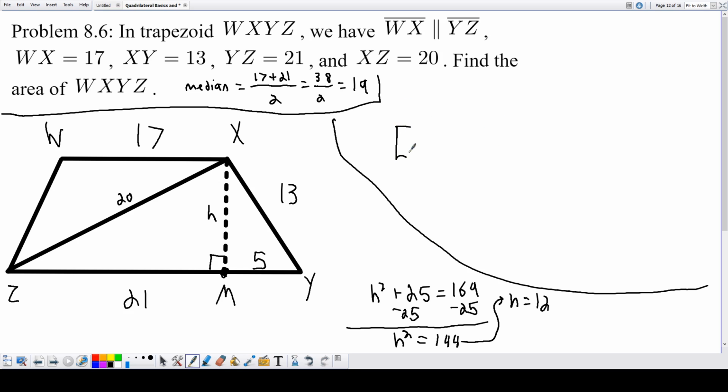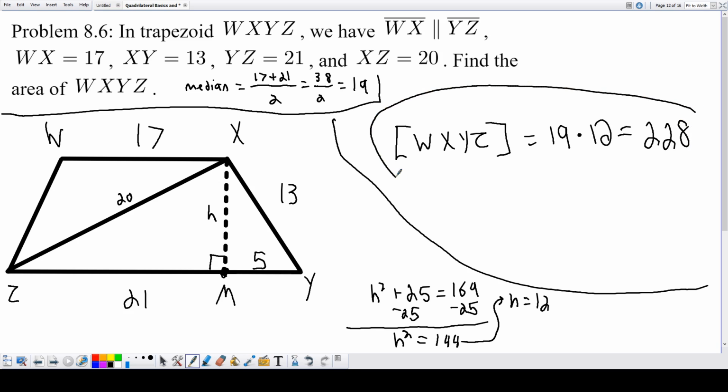So W, X, Y, Z, we know that the length of the median is 19. We multiply by 12. And 19 times 12 is 228. So again, we're just taking these trapezoids and breaking them down into right triangles to make it a simpler problem for us to solve.